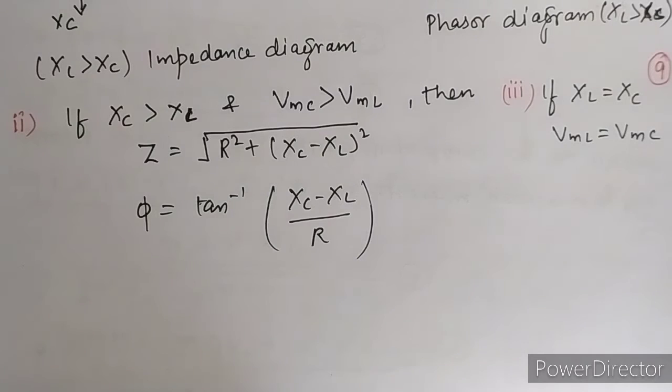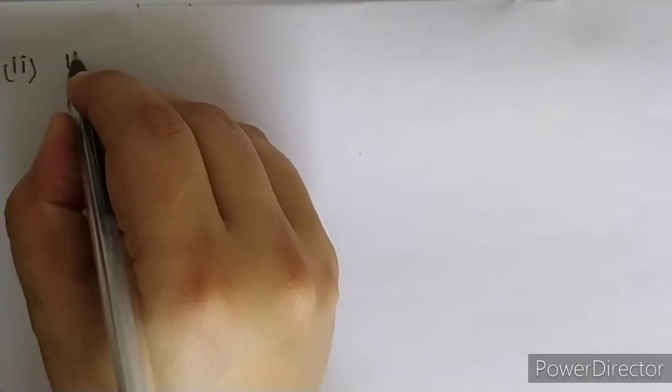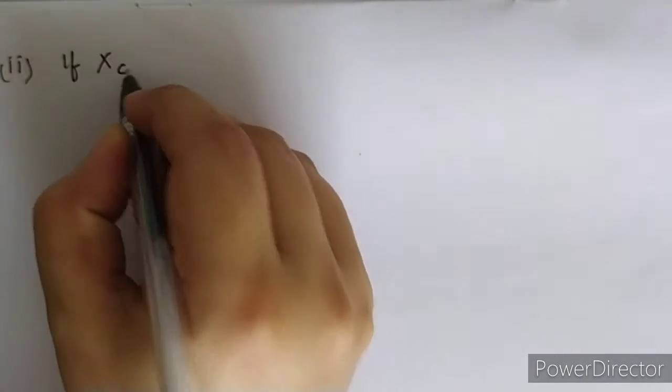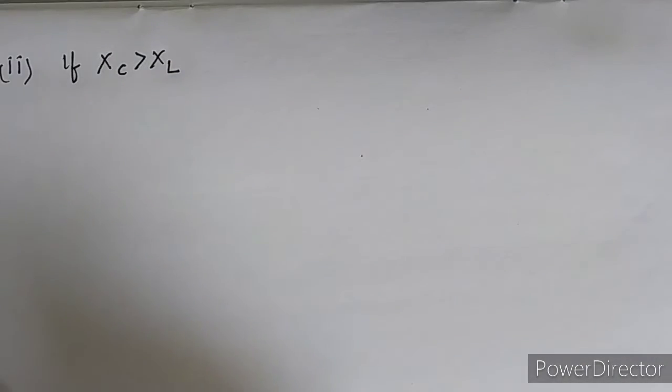Clear? Okay. So first of all, our second condition is if XC is greater than XL.